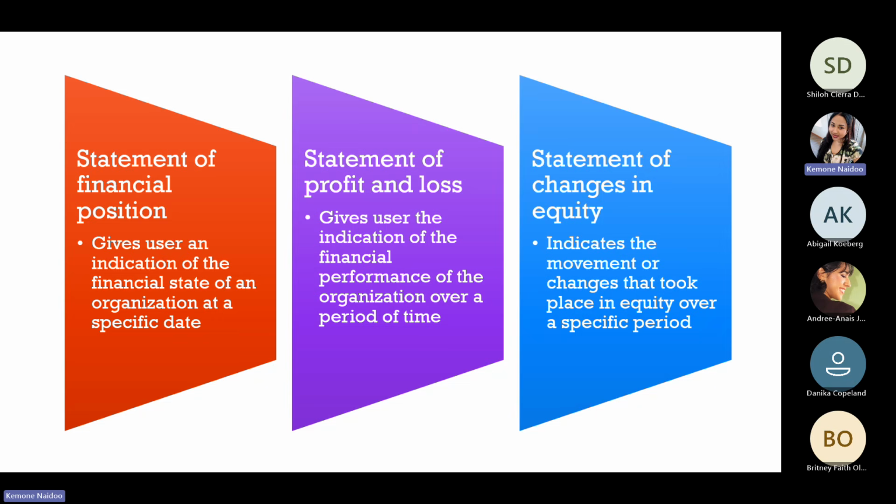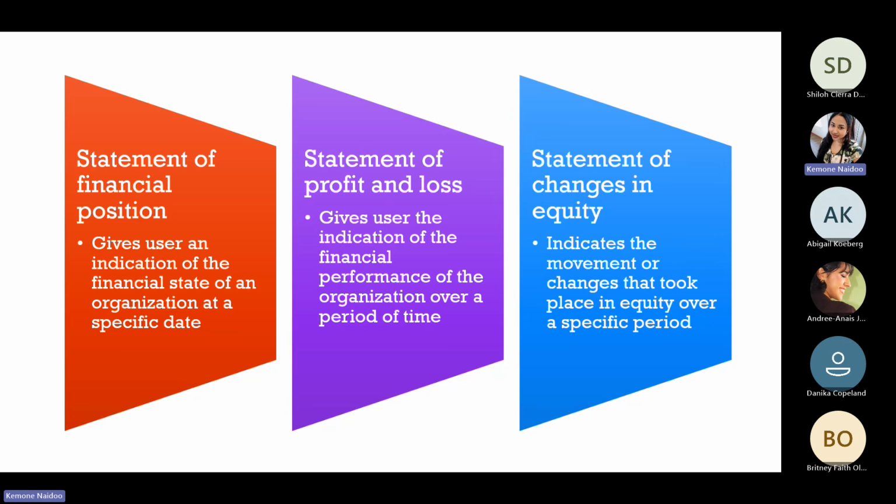So I'm going to go through the financial statements quickly. Firstly, we have the statement of financial position. This gives us an indication of where we stand currently. What is the financial state of the business?